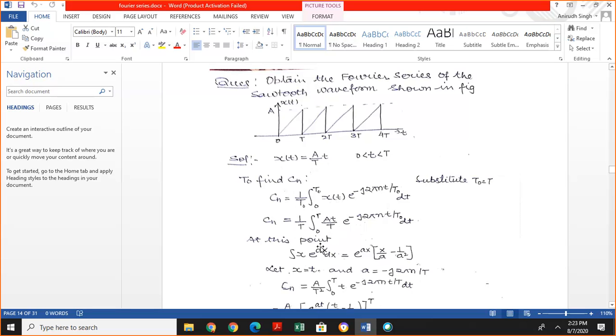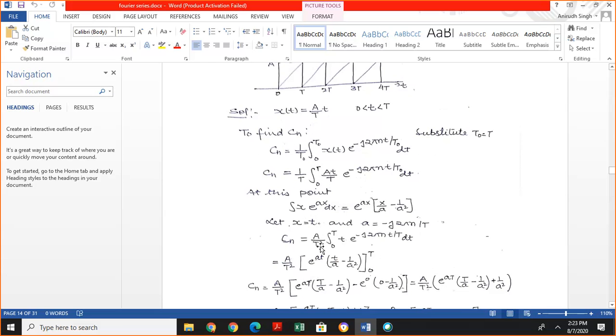A and capital T are fixed, and we know that the integration of x exponential ax dx is given by this formula.